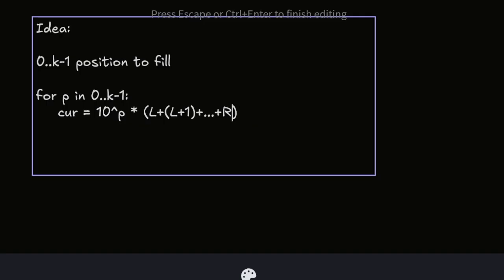So we have decided the position and we have decided the digit.